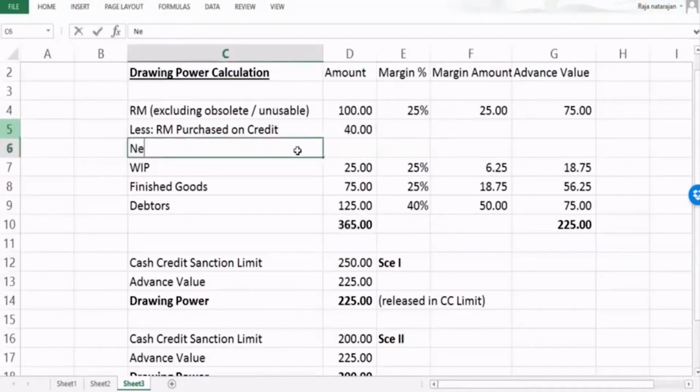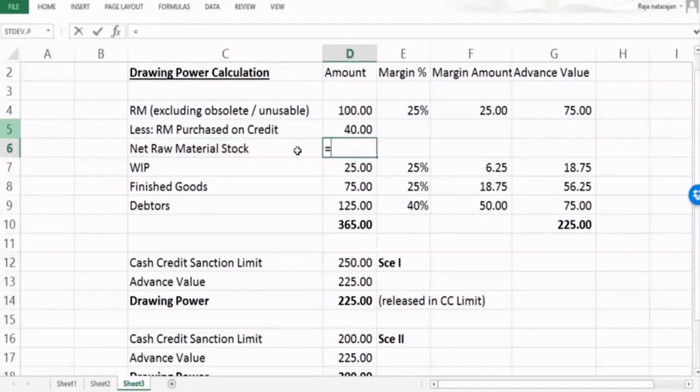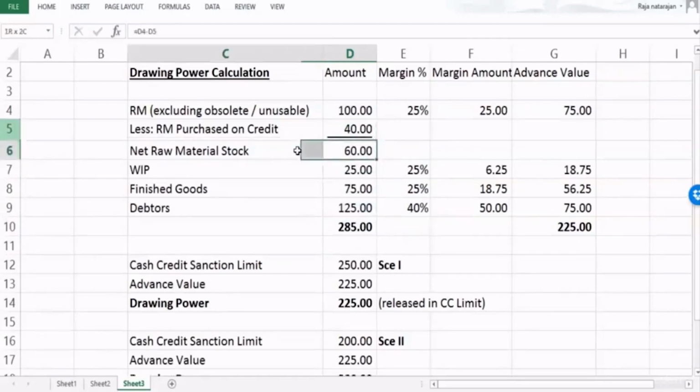It means the net raw material stock I should consider is only 100 minus 40, that is 60. So here when I total, it should be only these 4, because this is the net figure. And with this net we should add all the 4.